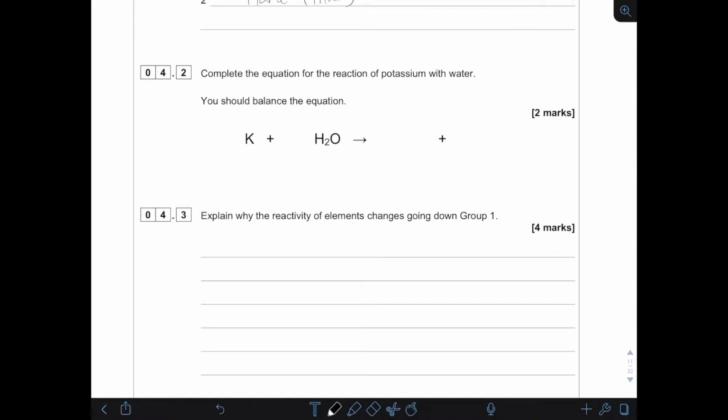Now we can do some equation balancing, as we already know that it makes hydrogen gas. So we have that part. And the rest would be potassium hydroxide, which is KOH.